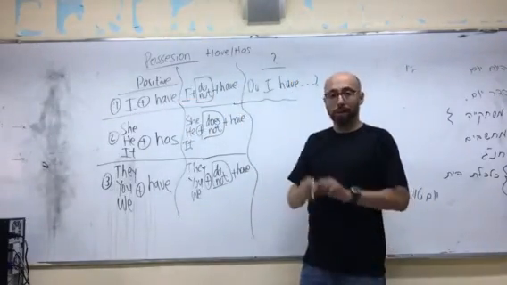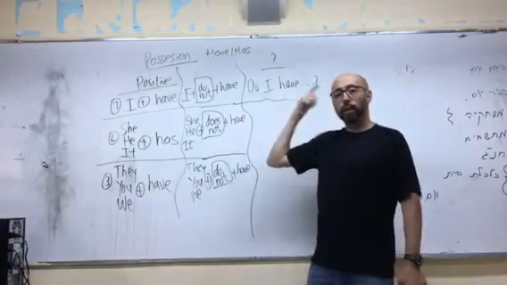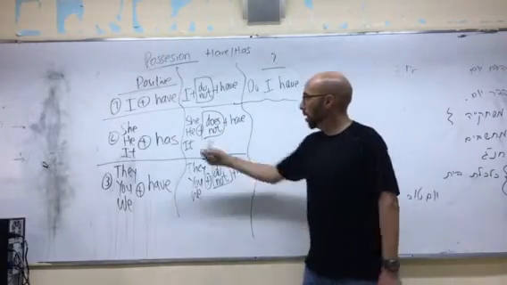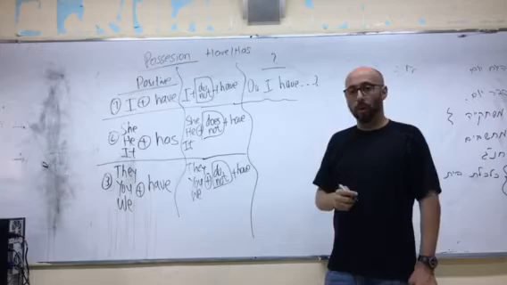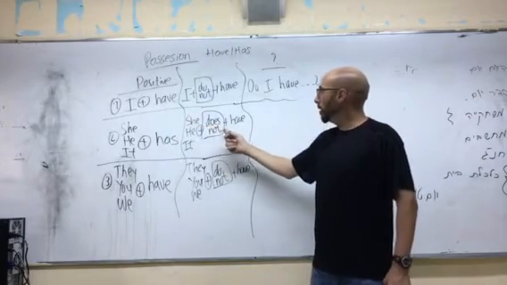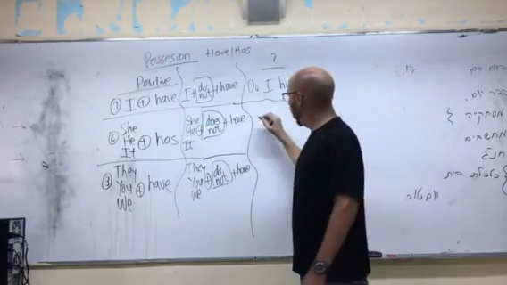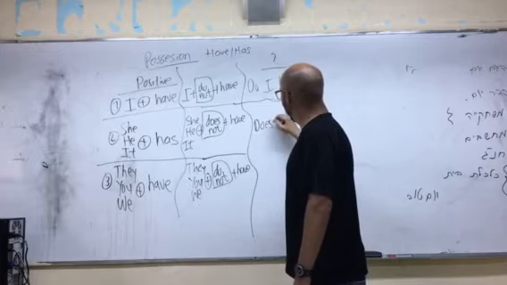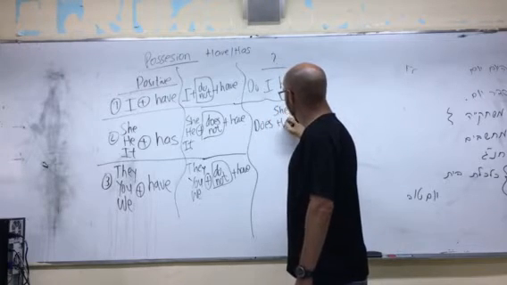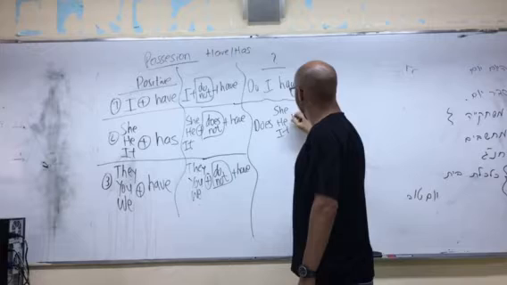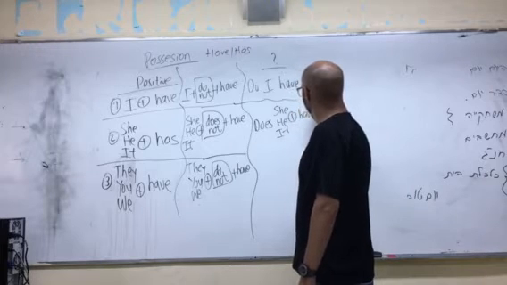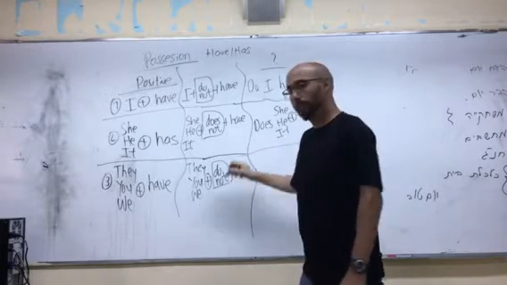I do not have a marker. Now I want to ask, do I have a marker? She has a marker. She does not have a marker. And now I want to say, does she have a marker?